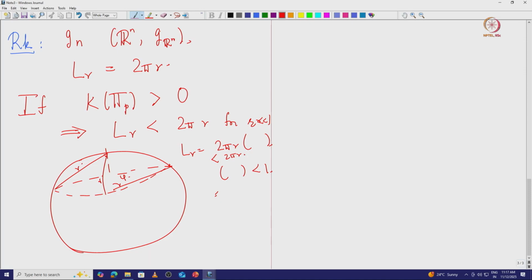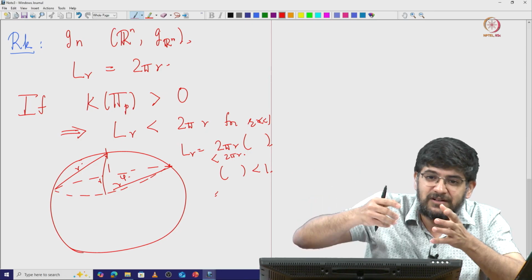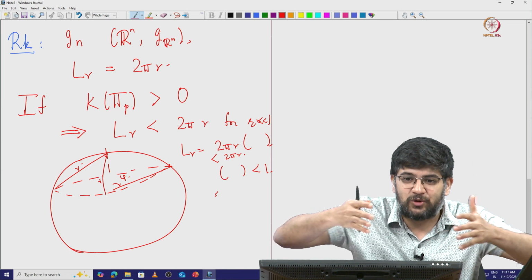So this sort of gives you the intuition that suppose you are on a positively curved space, then the geodesics sort of try to come together, so that if you go an r distance away and look at the corresponding circle, then that circle will tend to have smaller length because the geodesics are trying to come together.